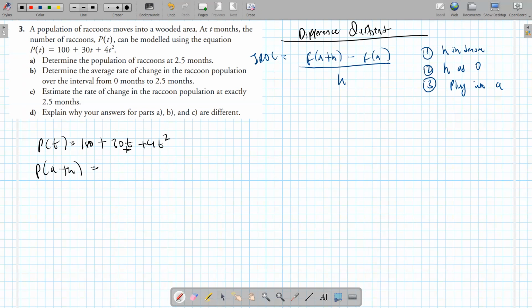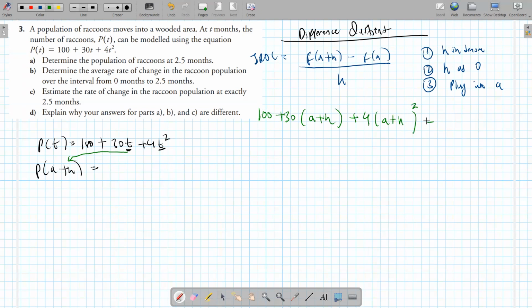You see this, there's a t here and here. Just replace that with a plus h. It's going to become 100 plus 30 times what? So replace this with a plus h, like that. And then plus 4 times what? A plus h squared. Right, so there you go. That's f of a plus h.